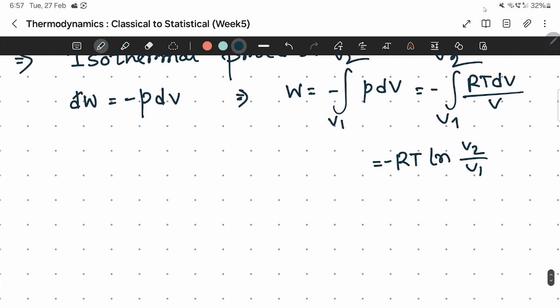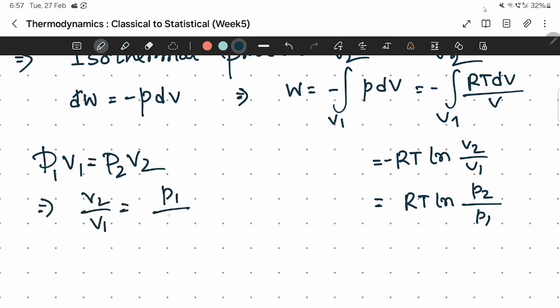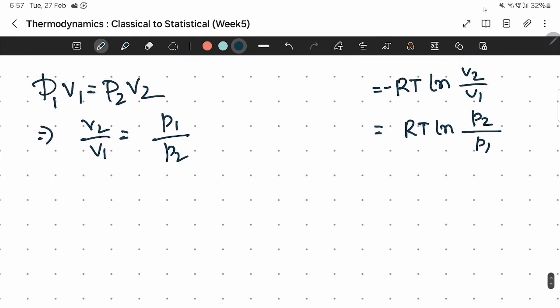Now for an ideal gas, we know P1 V1 equals P2 V2. This is Boyle's law. So applying Boyle's law, V2 by V1 is essentially equal to P1 by P2. Then that minus sign is absorbed here. So RT ln P2 by P1.